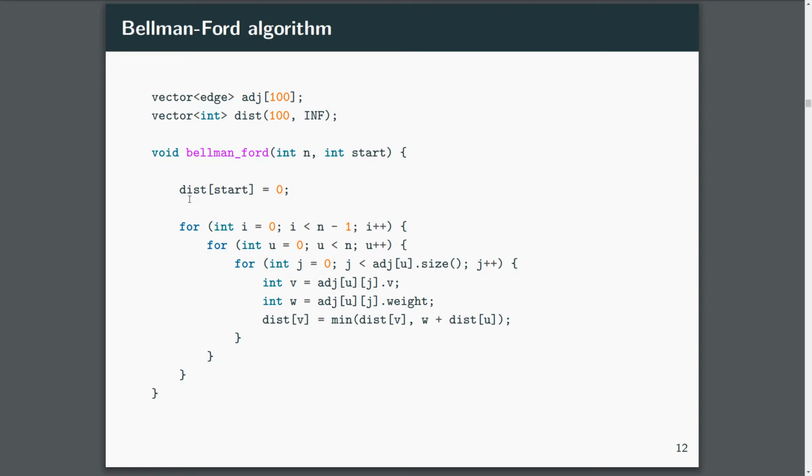So we start with having just our starting node, and then in the first iteration we will go through all the vertices, go through all of its neighbors, and then update, okay, what is the minimum distance to node V from the start if we take at most I steps.